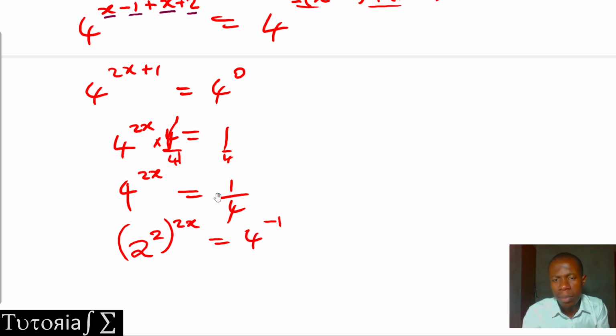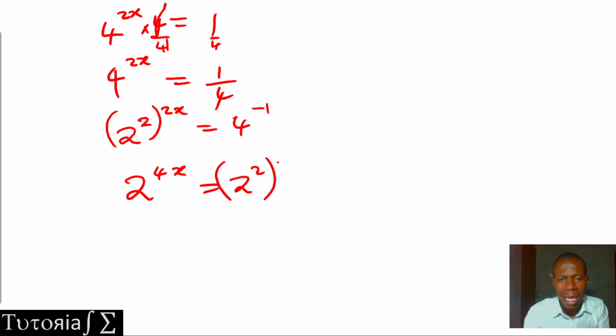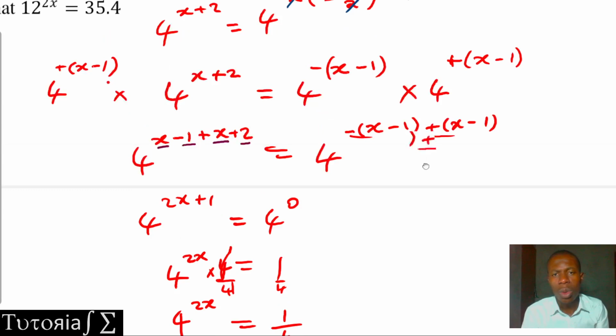Okay, then we can say 2 raised to the power, we can multiply this, so this is 4x, and this side we can say 2 raised to the power 2 to the power negative 1, so this is 2 raised to the power 4x equal to 2 raised to the negative 2. Okay, so we can say we have completely simplified. So yeah, so basically that is how you are supposed to simplify this.